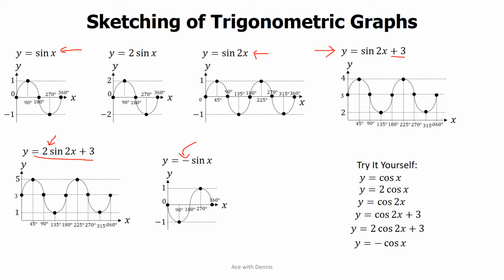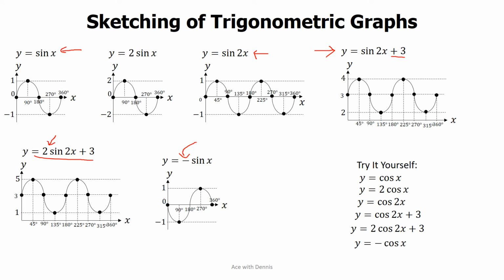Now, you can take your time to understand all the graphs here. Once you have understood the concept behind, you can try to draw these graphs yourself. It is very similar to the graphs that we have discussed. The only difference is that now we change the trigo to cosine. So y equals cosine x.